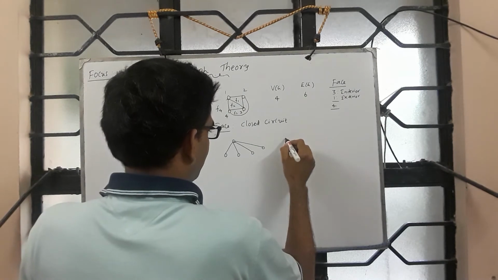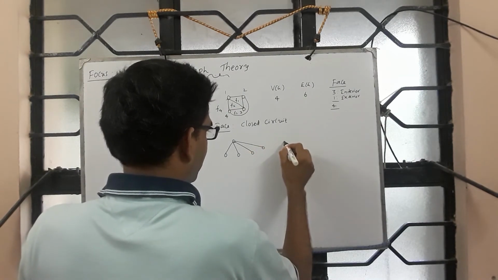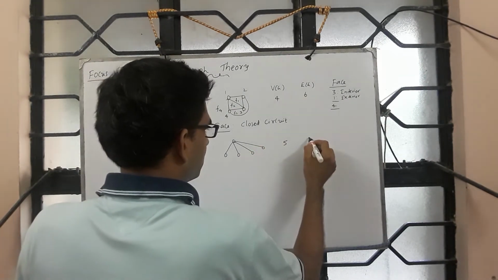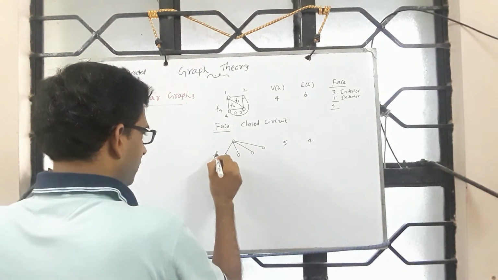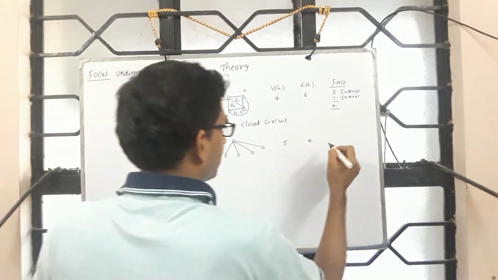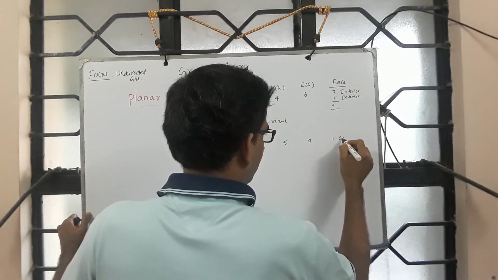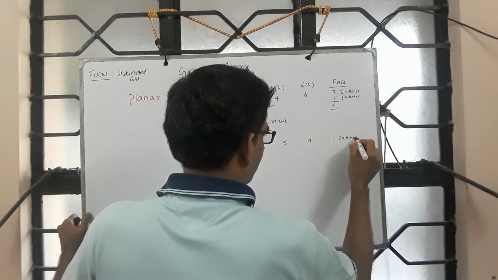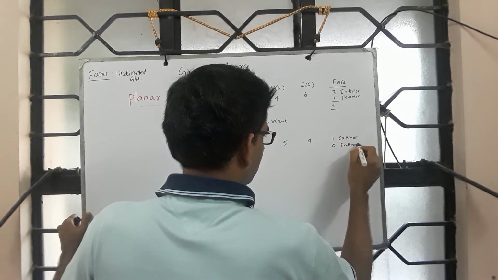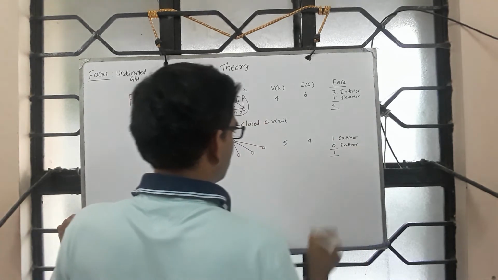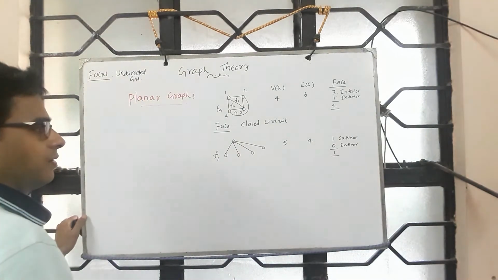Number of vertices is 5, number of edges is 4, and it is drawn on a plane, so that is counted. So it has 1 exterior and 0 interior, so number of faces is 1.